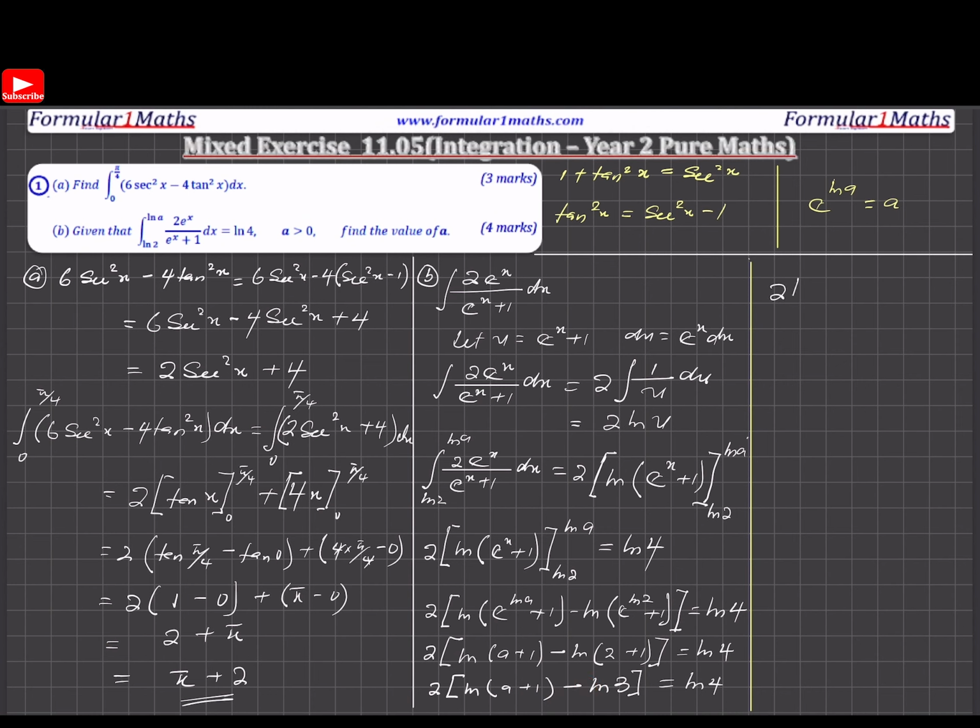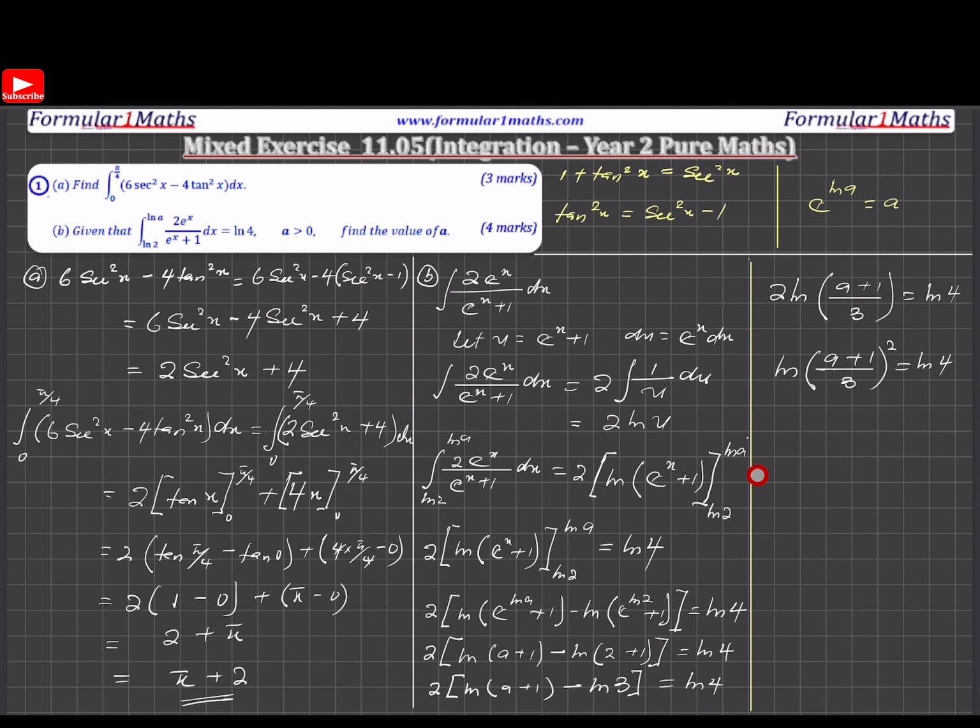2 ln a plus 1 all over 3 is equal to ln 4. Using the laws of logs again, I can say ln of a plus 1 all over 3, squared, is equal to ln 4.